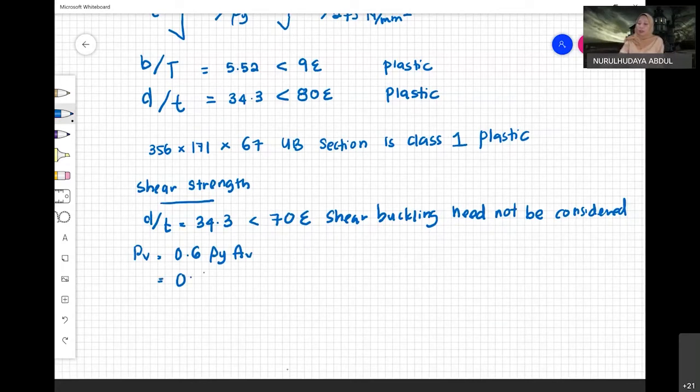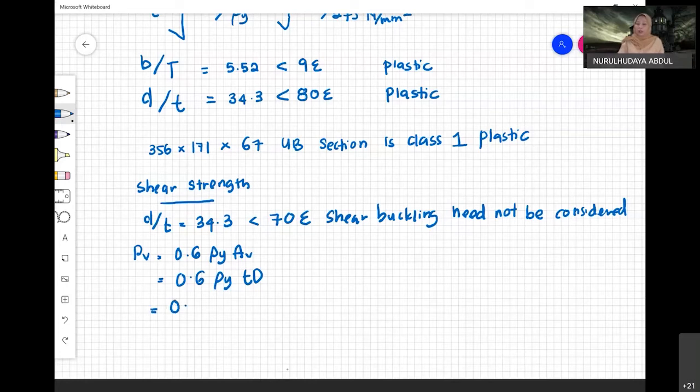So 0.6 PY A equals TD, depending on the section you are calculating. For rolled I section, we cover up until I section only, so it is TD. If you want to see more, my notes give it for each section, meaning each cross section. Cross sections differ: T is different, I is different, hollow section different, circular different, box section different. So it depends on the section you have to design.